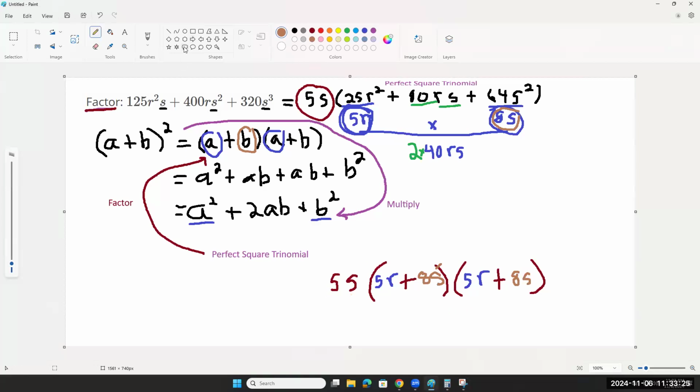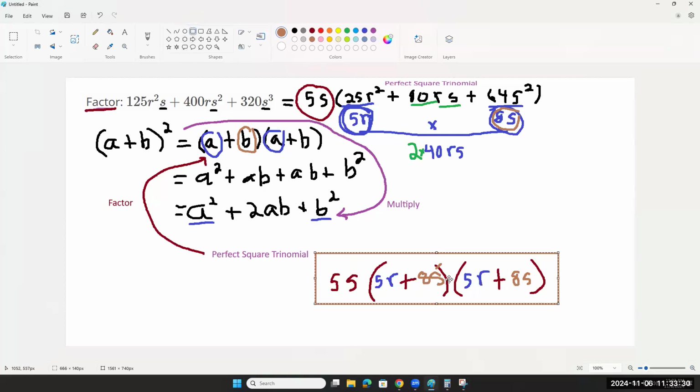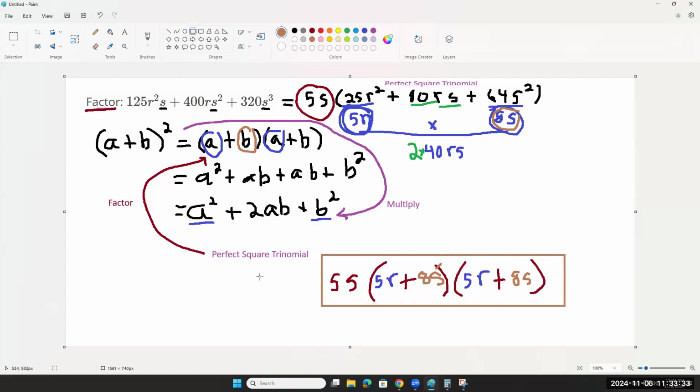Now, this would be good enough actually if you wanted to have an answer. But I think what they might sometimes want you to do is to write it as 5S times, notice that the 5R plus 8S is duplicated, and so we could put a square.